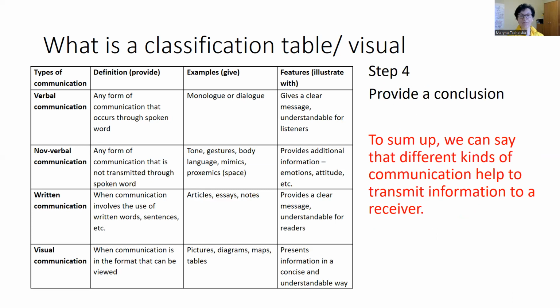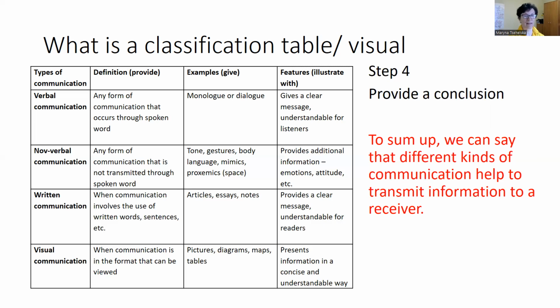So finally, you see that today we're doing a very, very basic description of this classification table. So finally, provide a conclusion. You remember that in conclusion, we don't provide any new information. So we just say that to sum up, we can say that different kinds of communication help to transmit information to a receiver in various ways.